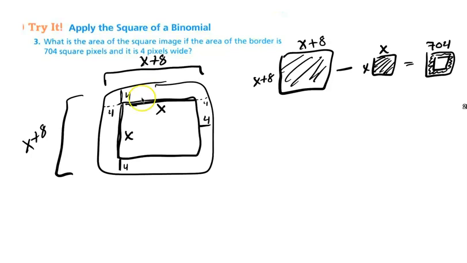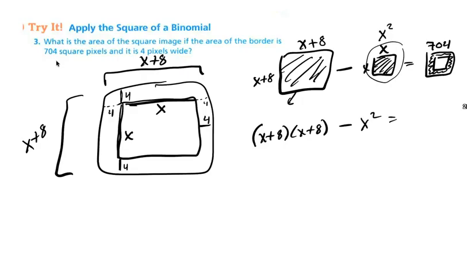So that's the process. We get the area of the whole thing, subtract off the area of the inside, and we should be left with just the border, which we happen to know is 704. So the area of that guy is base times width, x plus 8 times x plus 8, minus the area of this guy, which is base times width, x squared, equals 704.